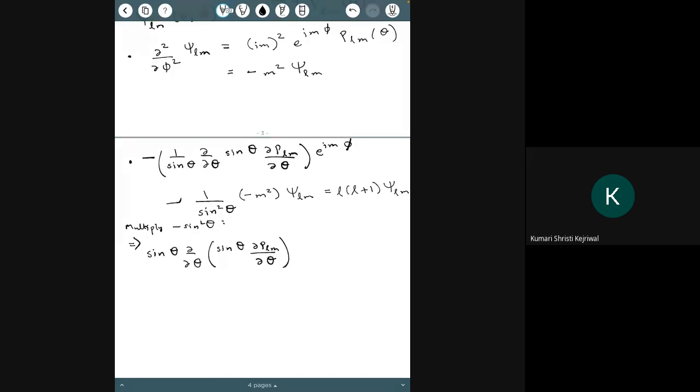Okay, so I'll write first m phi. Then from the second term I have minus m square e to the power i m phi P_l^m, and I have minus sine square theta L into L plus 1 e to the power i m phi P_l^m. Okay. So I can delete e to the power i m phi as well.